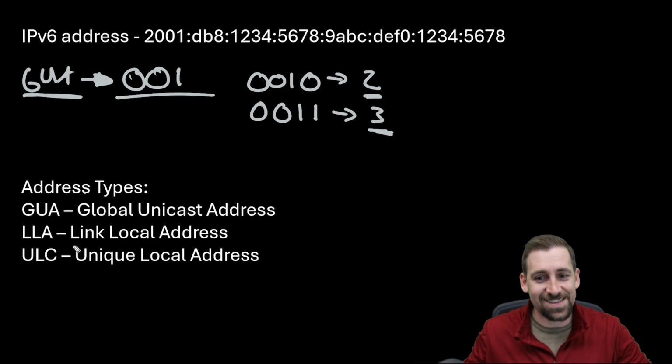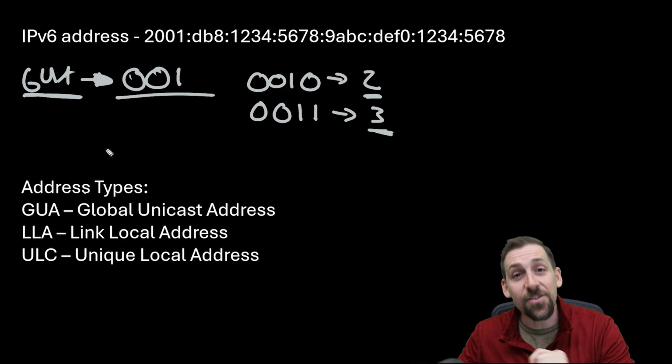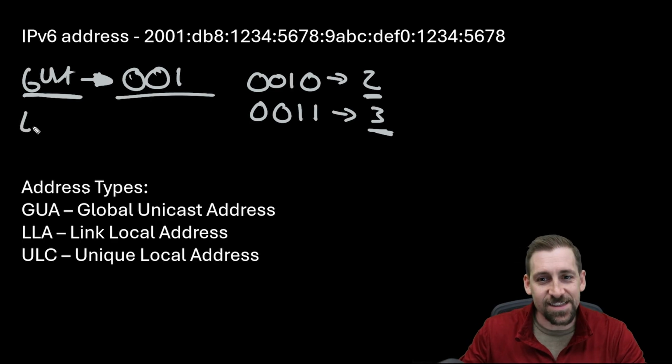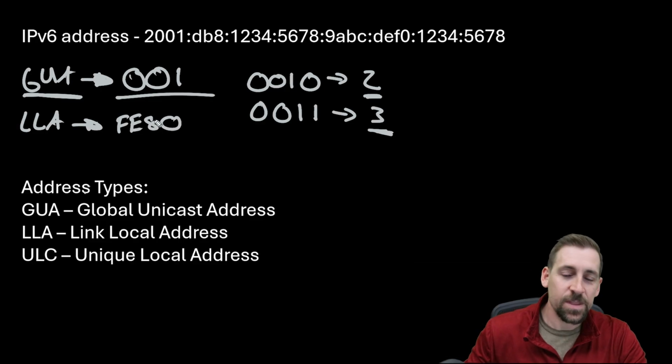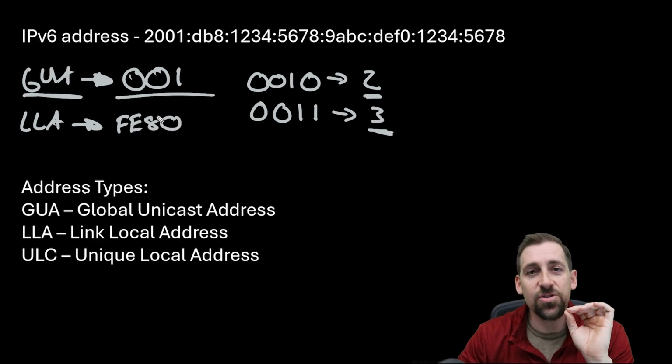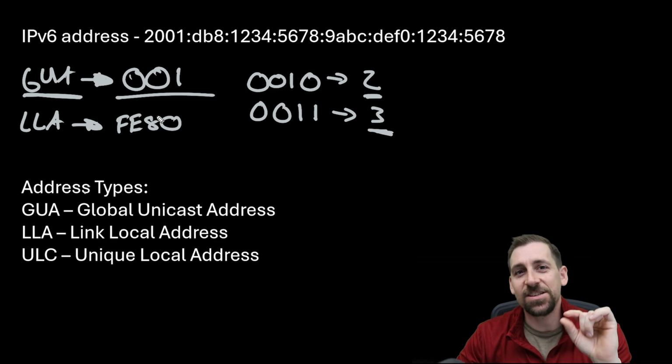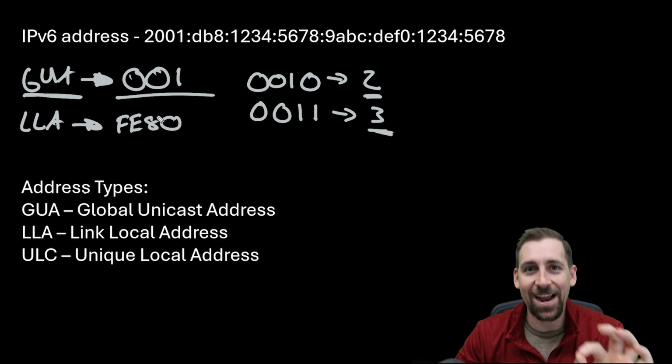Link local addresses, LLA addresses. This is another unique type of address to IPv6. LLA addresses, link local addresses, begin with the nomenclature FE80. And link local addresses are unique to that local link. What does that mean? There's another address type that's unique to local links. It's called MAC addresses.